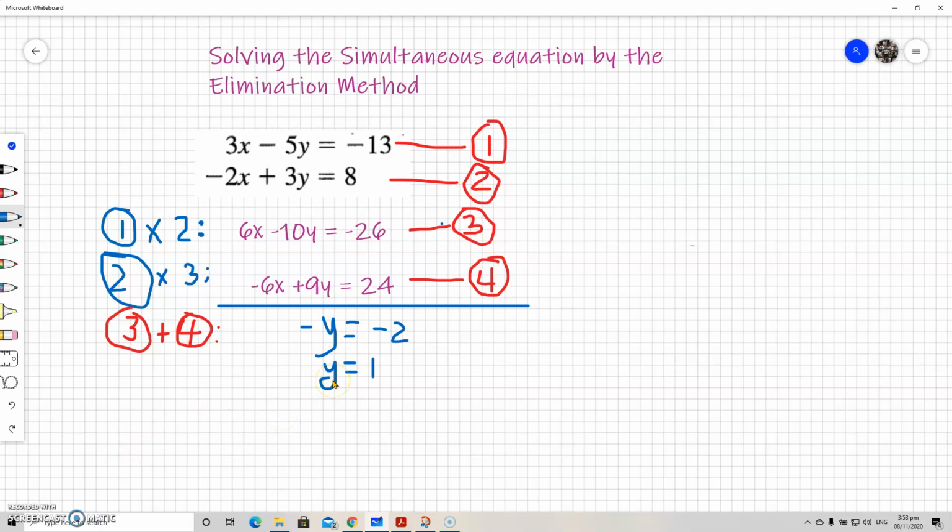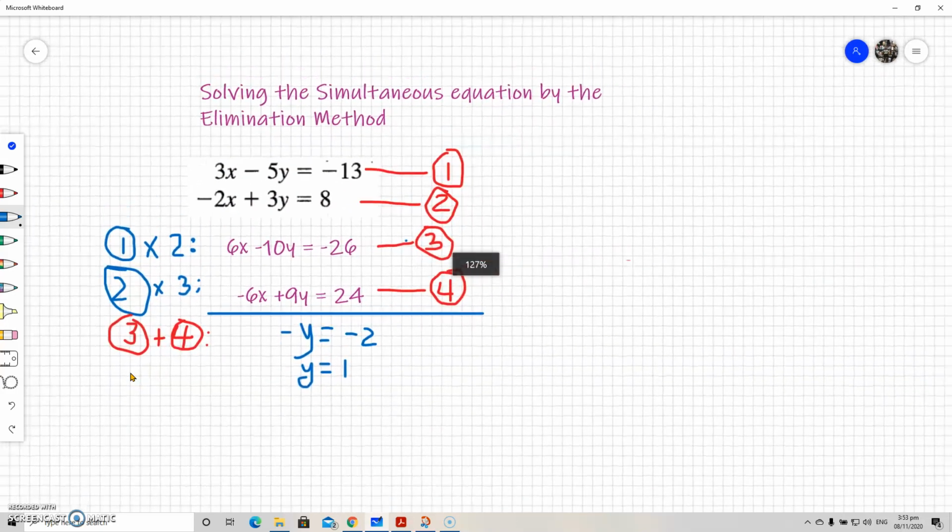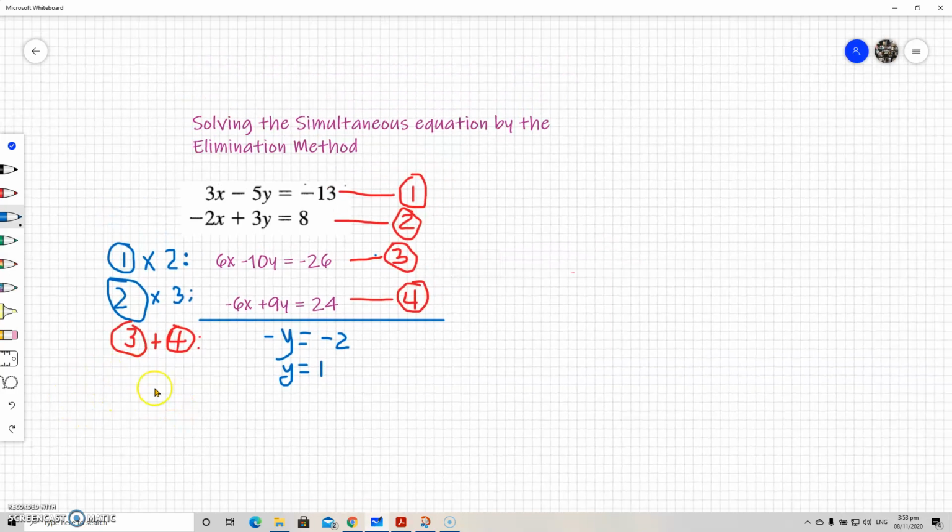Now we want to solve for the value of x. So I take y equal to 1 and substitute into equation 1 or 2, and I'm going to get a value of x. I will choose equation 2 because there are fewer numbers to work with. So if I substitute y equals 1 into 2, let's see what happens.